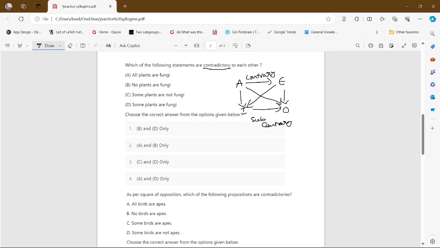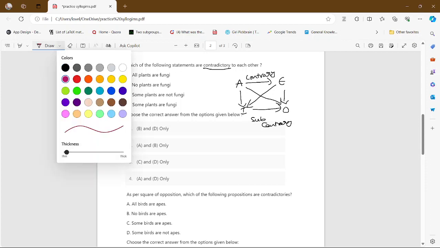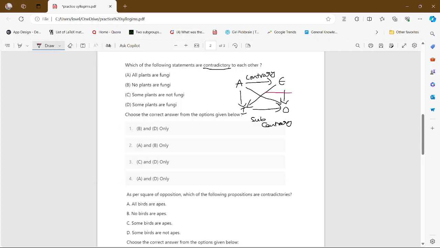The diagonals, that is, A to O and E to I, are called contradictory statements. A, O and E, I are contradictory statements. You remember this much, that is enough.